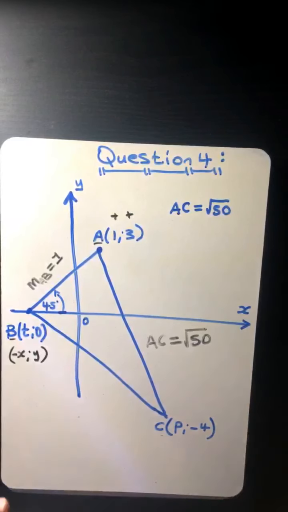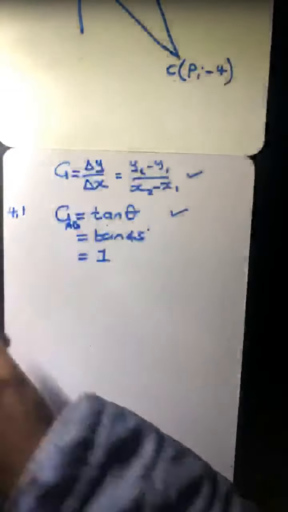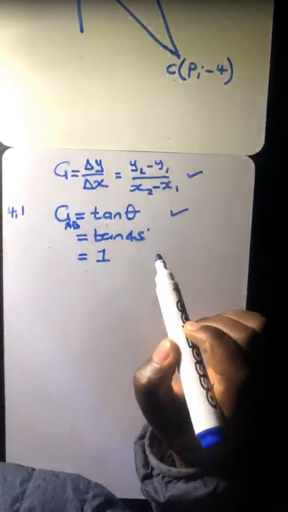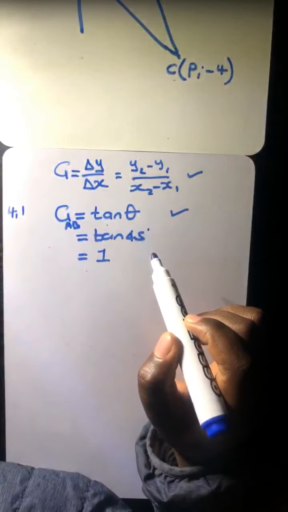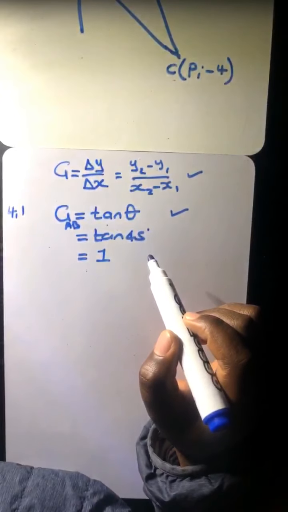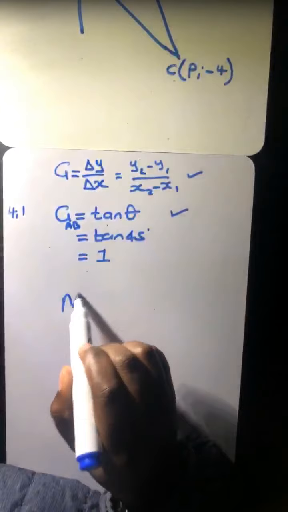Okay, in that case, Nompumelelo, it's all about the approach. If they were talking about the midpoint of AB, the first thing that you must do is to try and write everything that you know about the midpoint.